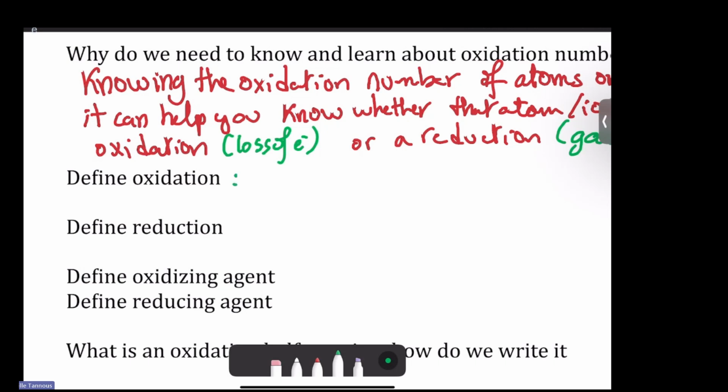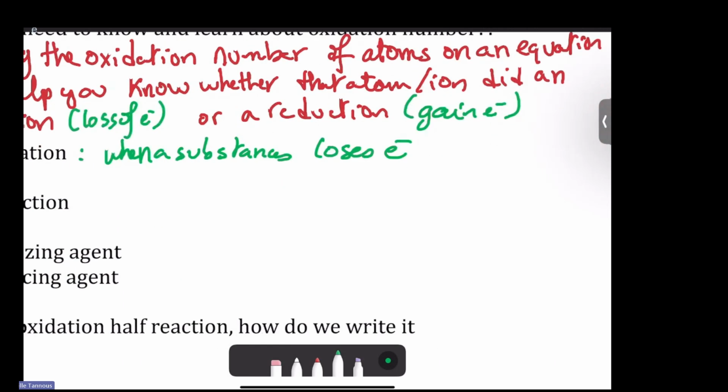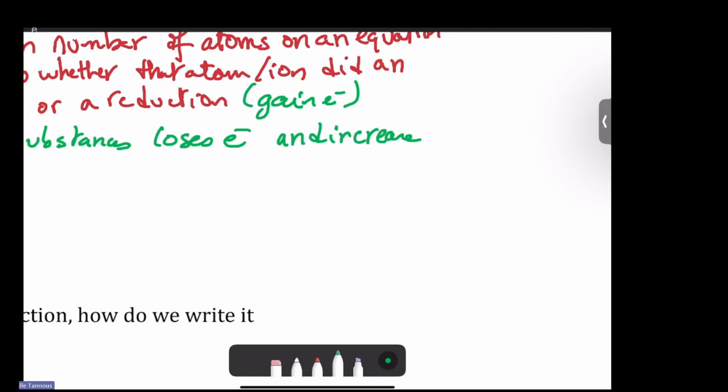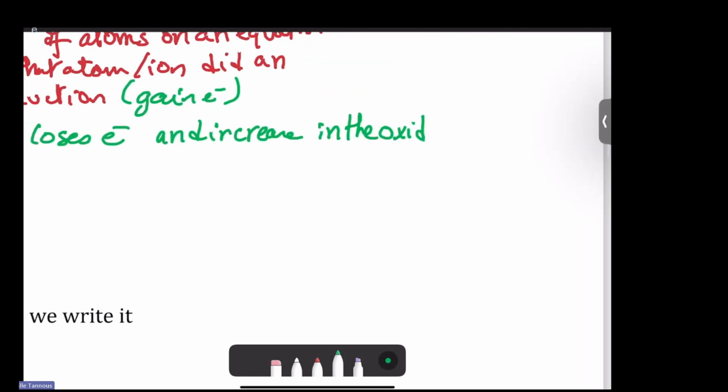So it's when a substance loses electrons and increases in the oxidation number.